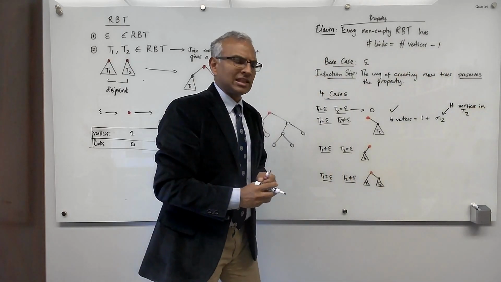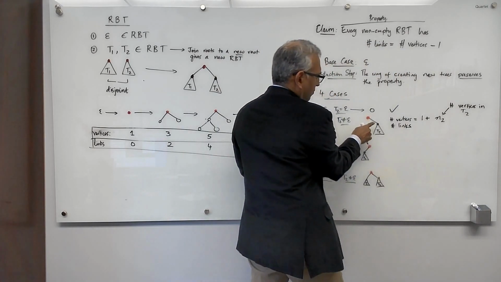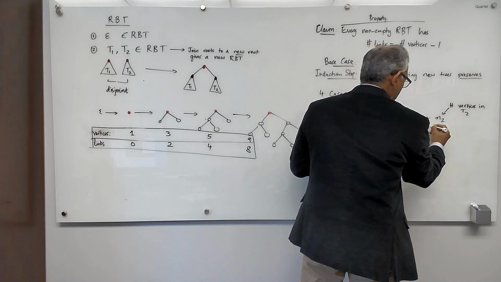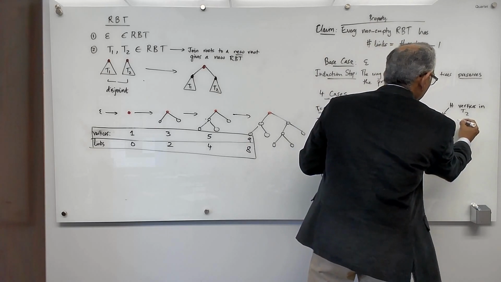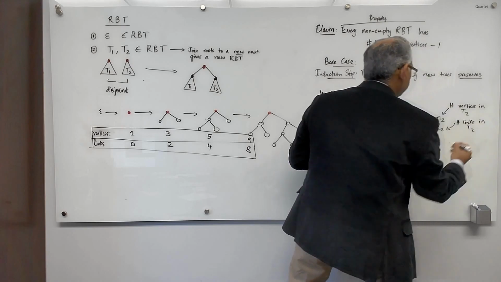What about the number of links? The number of links is 1 plus however many links are in T2. So it's equal to 1 plus L2, where L2 is the number of links in T2.